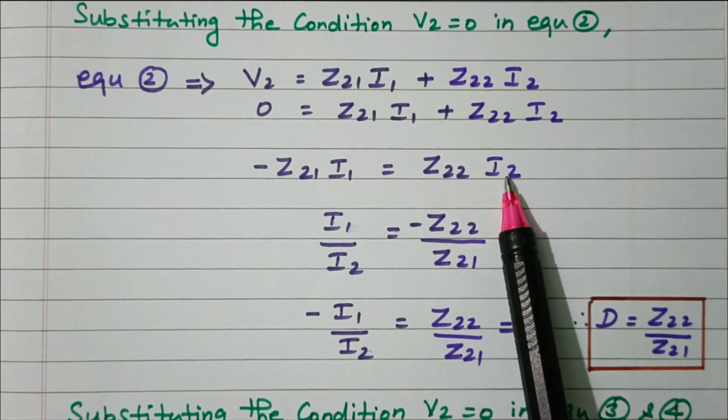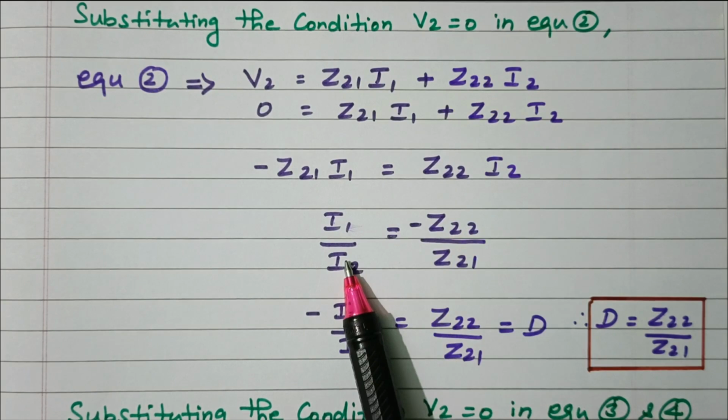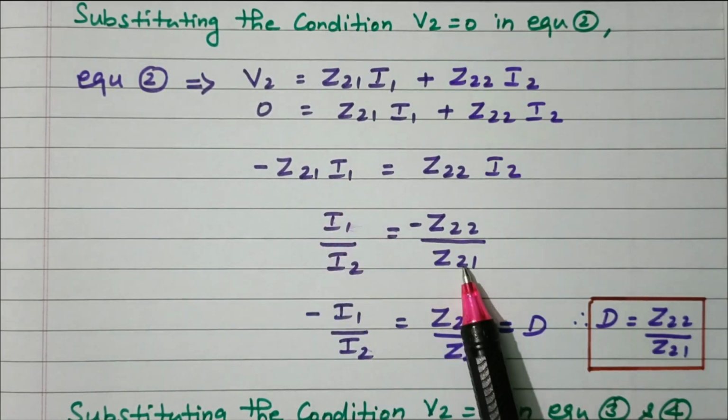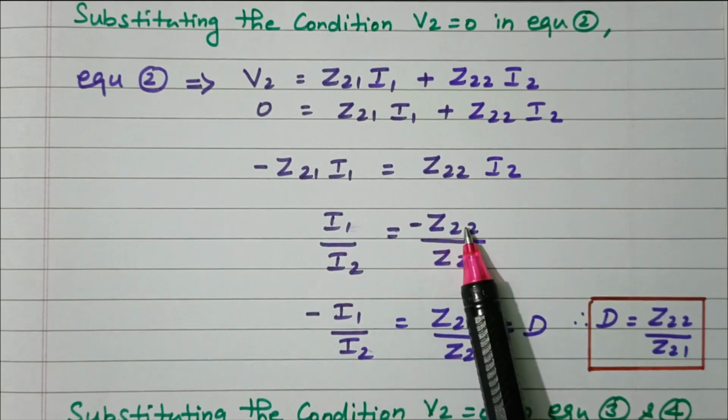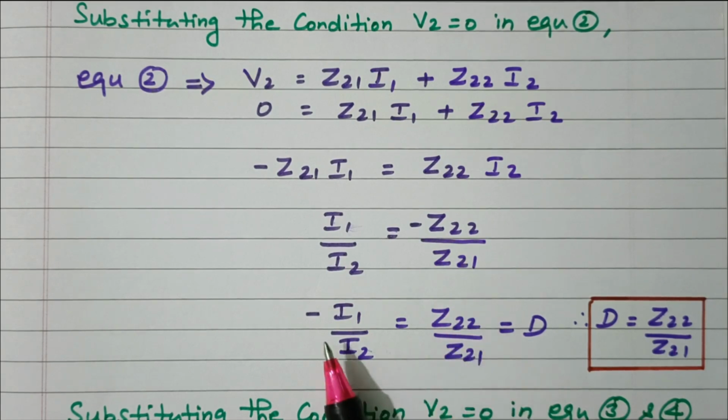Rearranging, I1 by I2 equal to minus Z22 divided by Z21. The negative is brought to this side, so minus I1 by I2 equal to Z22 divided by Z21. That is nothing but the parameter D. So D equal to minus Z22 divided by Z21. Now we got the D parameter in terms of Z parameter. Now we'll see D parameter in terms of Y parameter.